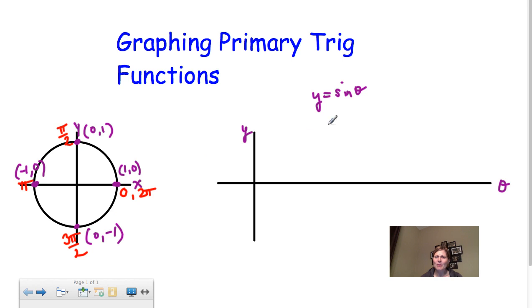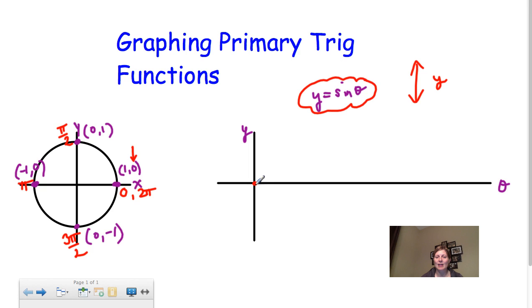Okay, so if you remember, when we're talking about the sine function, sine were our up and down guys. So in other words, sine deals with the y values of our points around our unit circle. So that means when my angle is at 0 radians, then my sine value, my y guy, is also at 0.